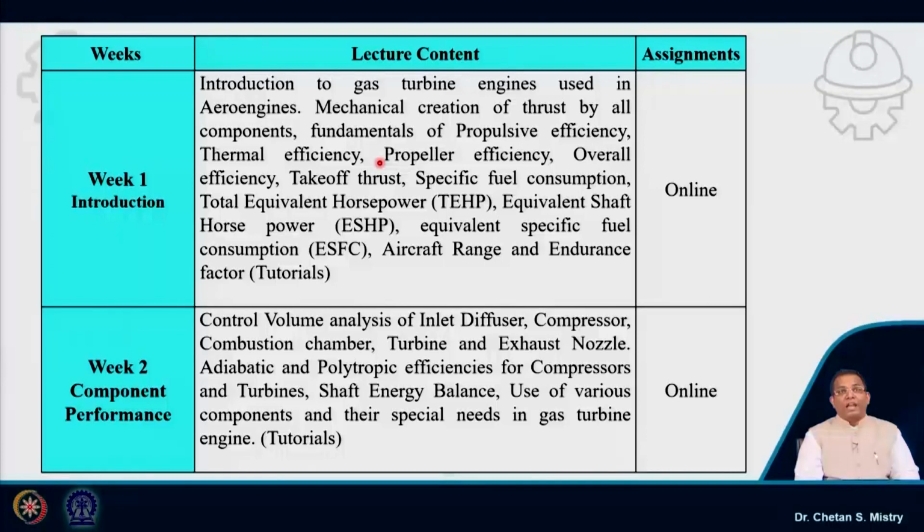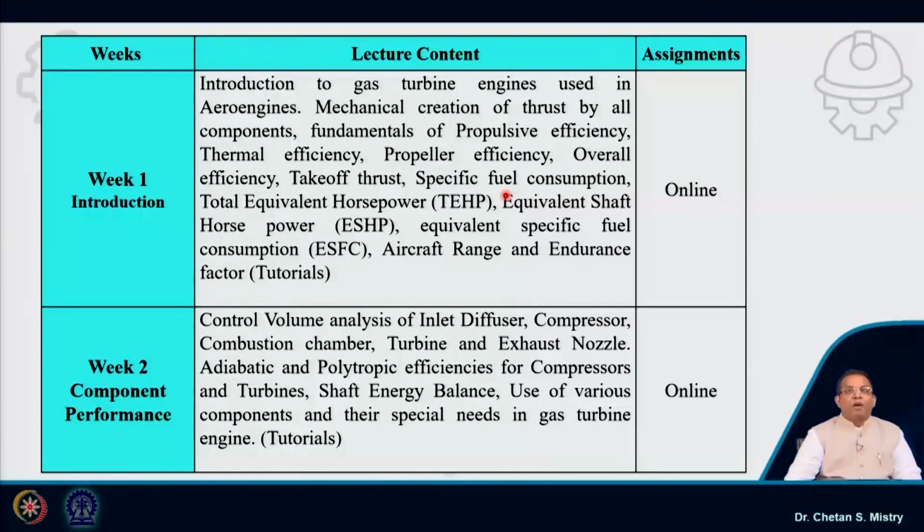Based on that, this course has been divided into 12 weeks. In the very first week, we will be discussing the introduction to gas turbine engines, with special application to aircraft. Then we will discuss a very important terminology called thrust.